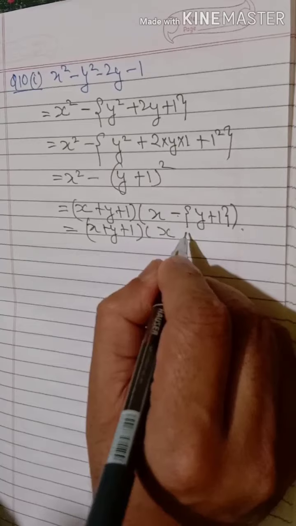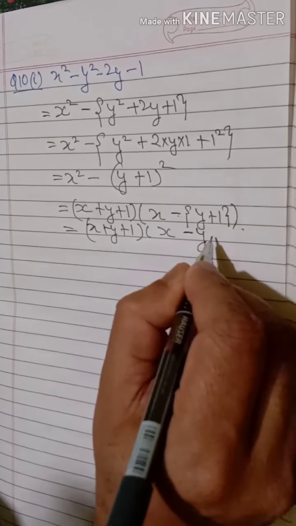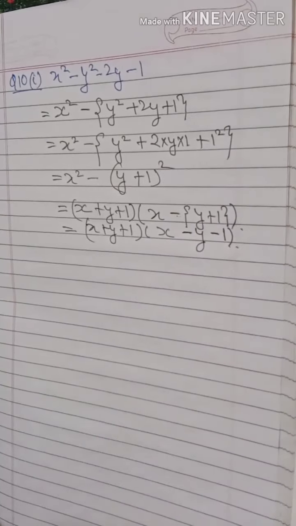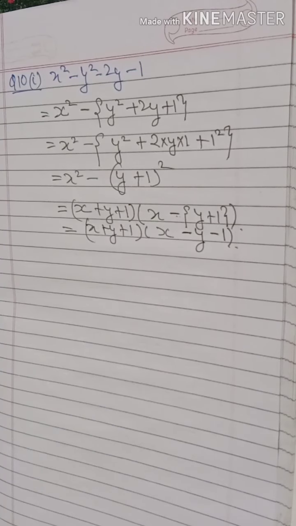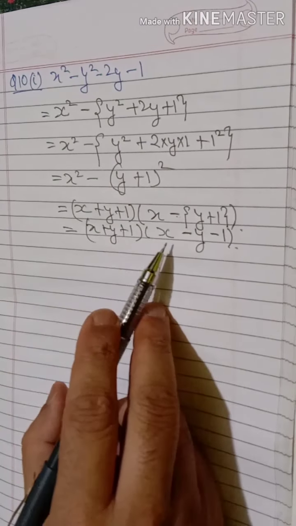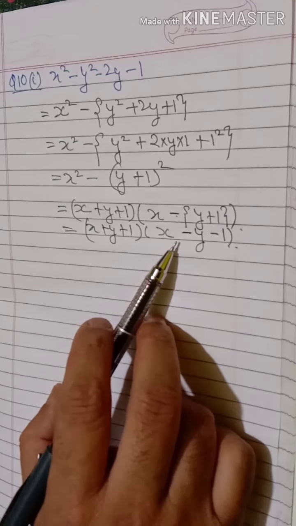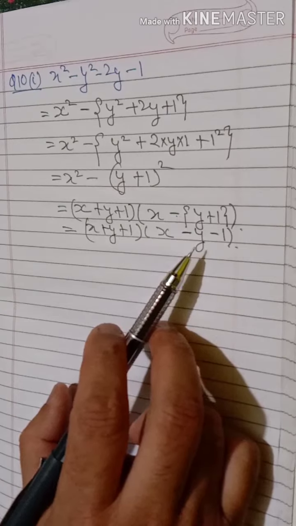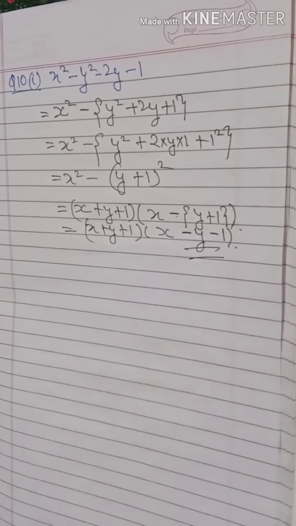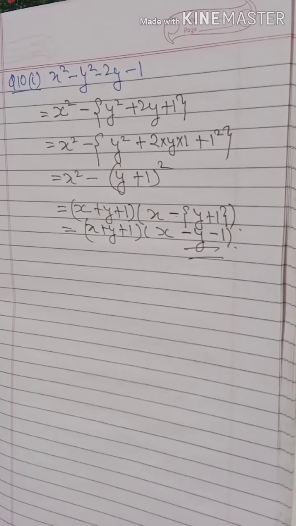X plus into minus minus y, and plus into minus minus 1. Can we simplify it further? No, I think we cannot simplify it further. So this will be our final answer, x plus y plus 1 multiplied by x minus y minus 1. So this will be our factor for x square minus y square minus 2y minus 1.